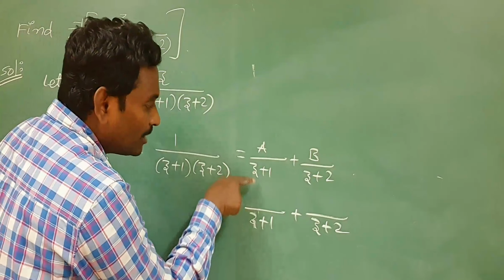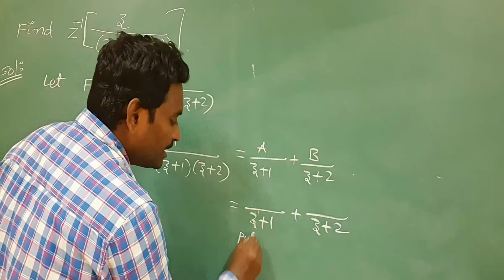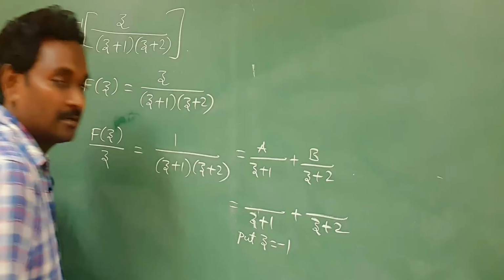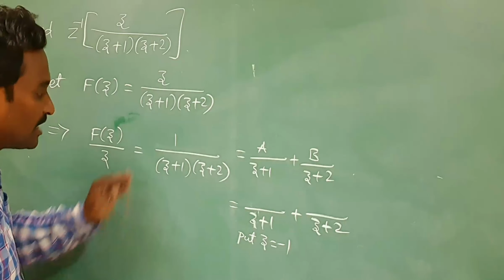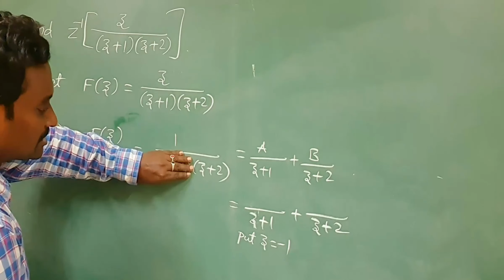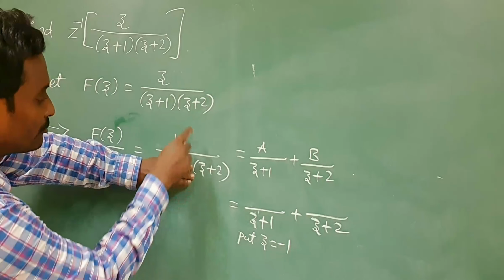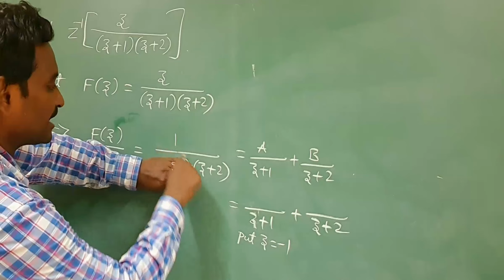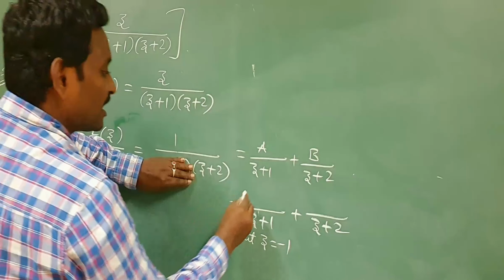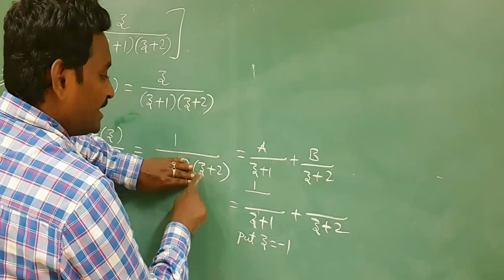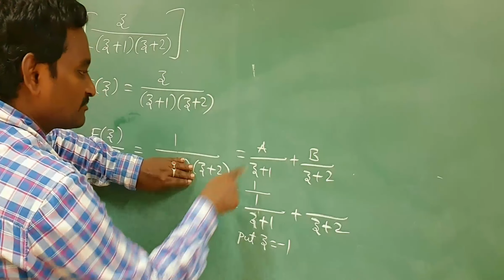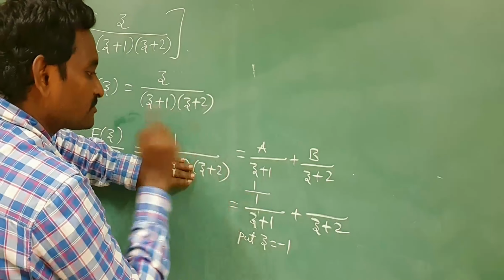To get the numerator of z plus 1, replace z is equal to minus 1 in the entire remaining part, except the z plus 1 factor. So the numerator is 1 by minus 1 plus 2, it would be plus 1. That's why the a value is 1 by 1, nothing but 1.